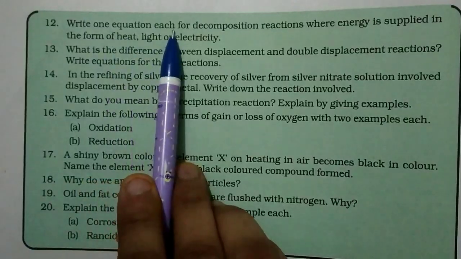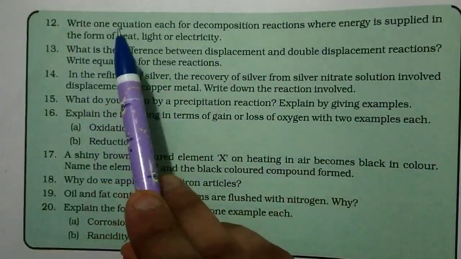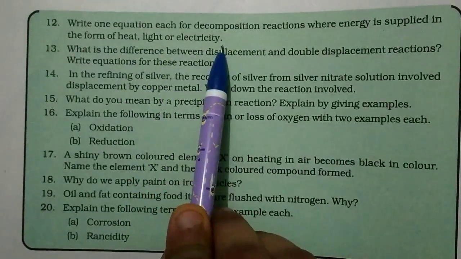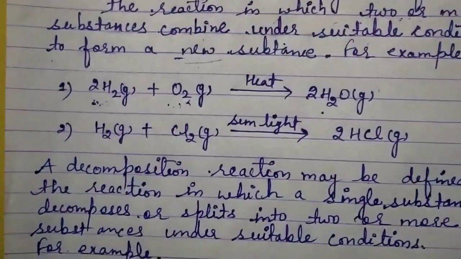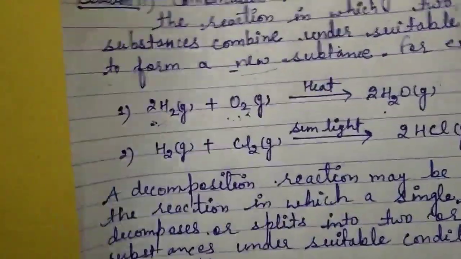Now next question, write one equation each for decomposition reaction where energy is supplied in the form of heat, light or electricity. It is very easy. We have already discussed decomposition reactions are of 3 types. They take place in 3 forms: in presence of heat, in presence of light and in presence of electricity.